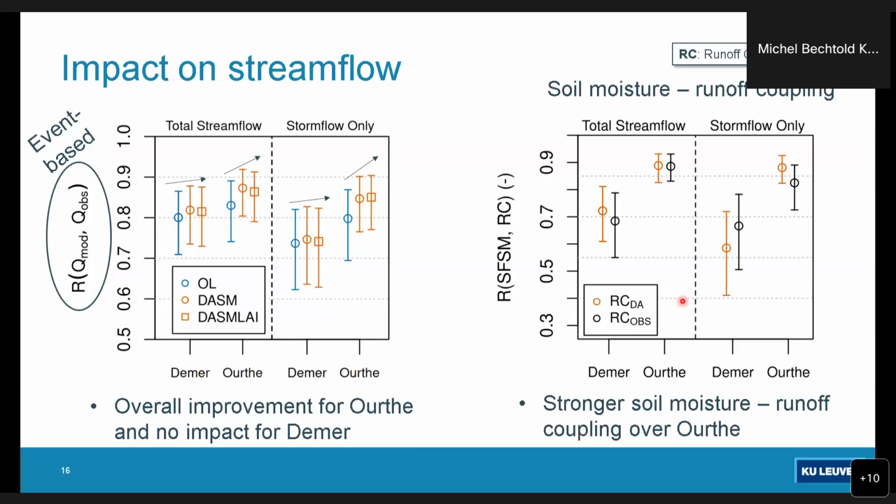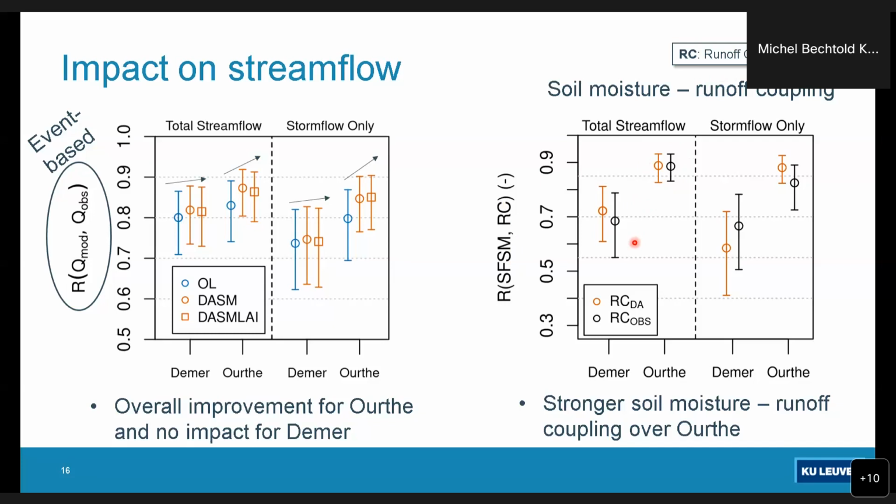So we have a much stronger soil moisture to runoff coupling over the Urt. And we evaluated that by looking at the correlation between the surface soil moisture and the runoff coefficient, so the ratio of stream flow over precipitation.